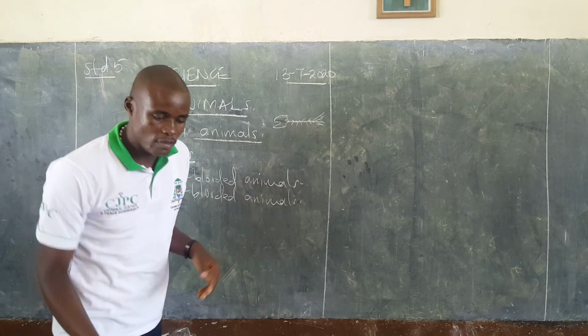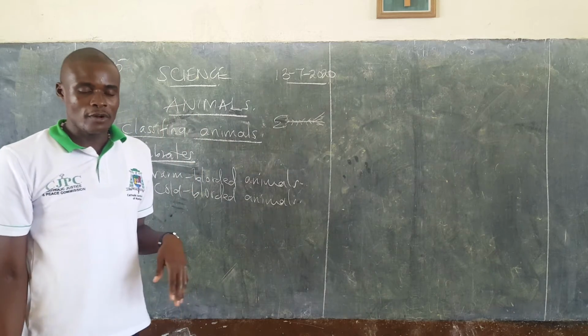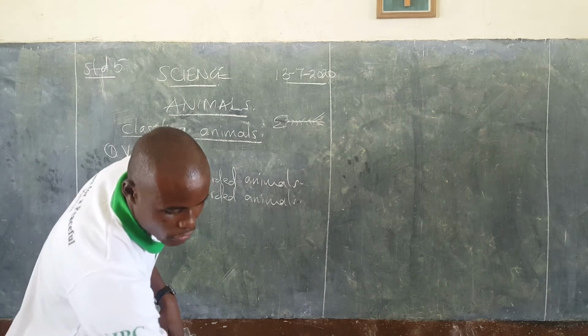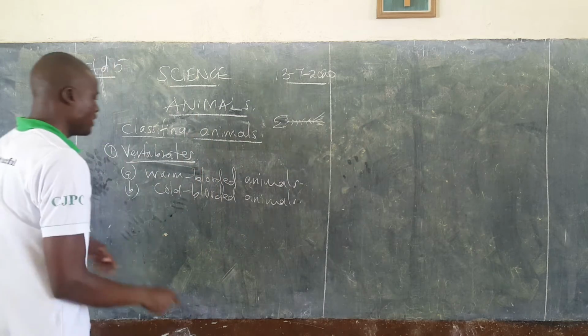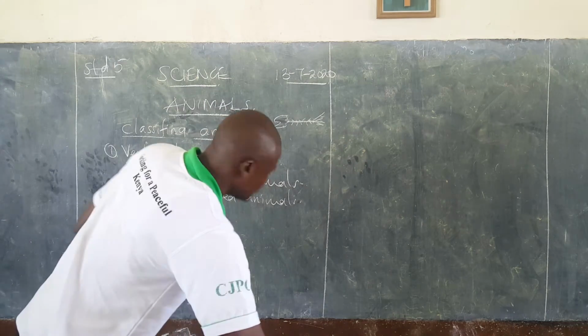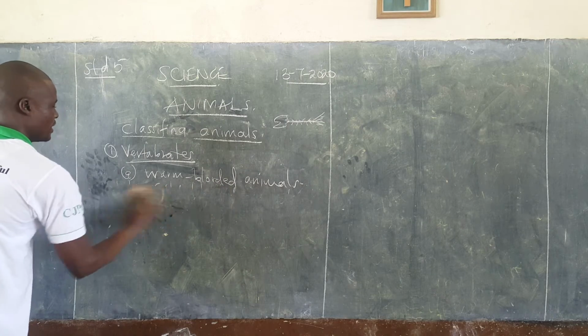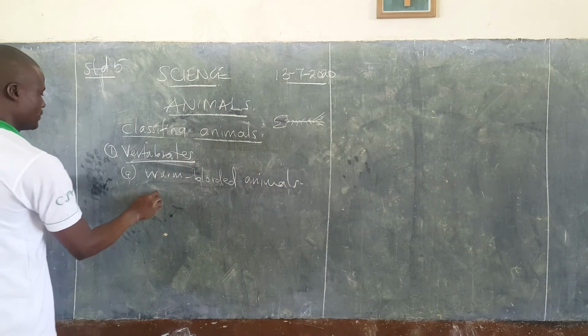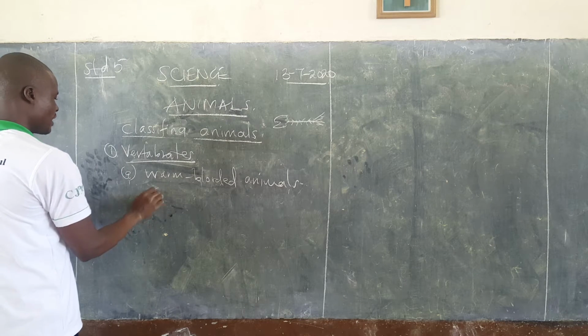So what is the meaning of whatever we just said? Warm-blooded animals are animals with a constant body temperature. Their characteristic is that they have a constant body temperature.